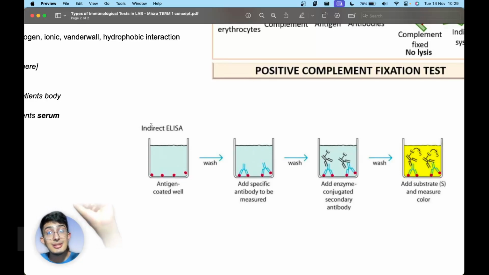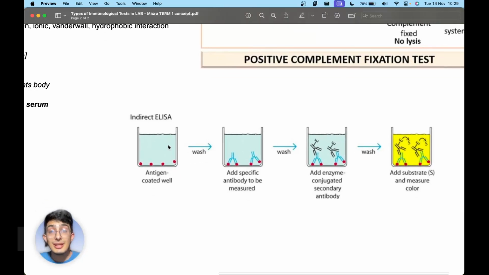If we can detect this antibody against the HIV virus in the person, then we can be sure that person has HIV. If the person does not have HIV, the person won't have anti-HIV antibody, right? Pretty simple concept.